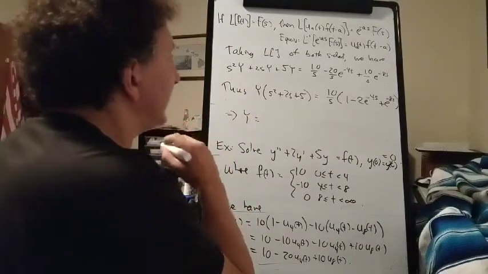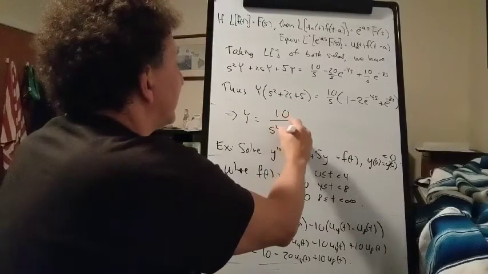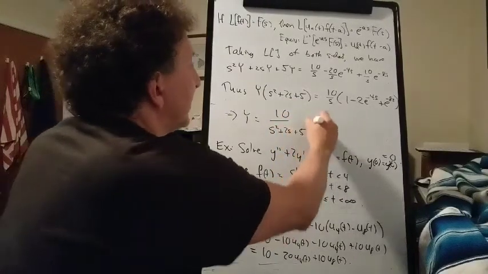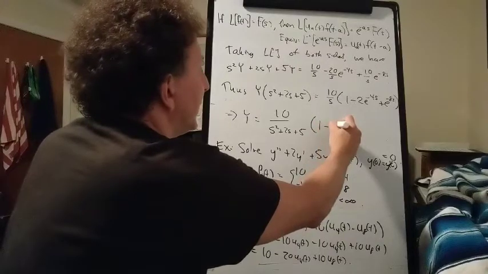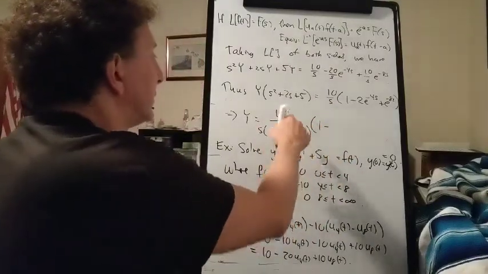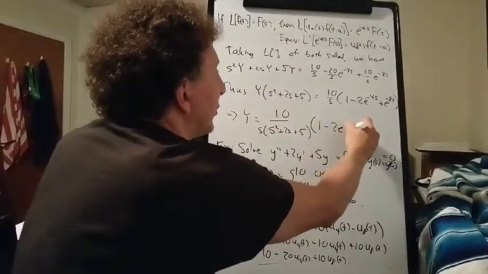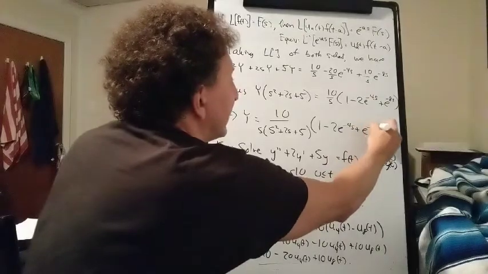So that means Y equals 10 over s times s squared plus 2s plus 5, times 1 minus 2e to the negative 4s plus e to the negative 8s.